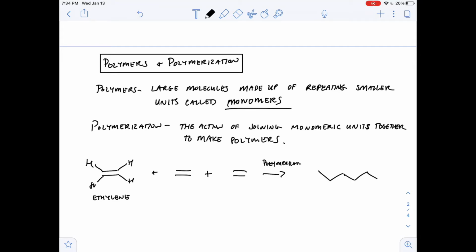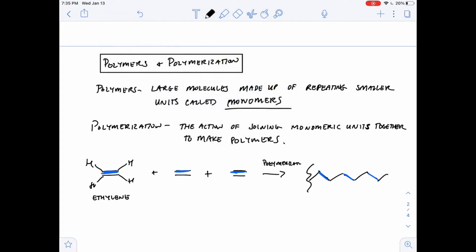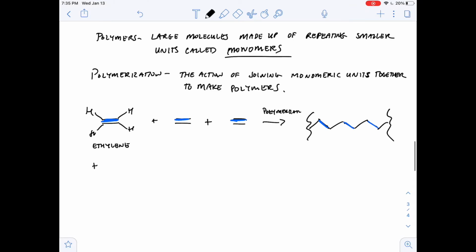We can draw a polymer, which would be basically all of those guys jammed together, and the pi bond is gone. But those electrons from that pi bond actually helped create new sigma bonds to link all of those monomeric units together. The blue I've drawn just shows you where those original bonds in ethylene were, and the black ones are the ones linking them together. So those are the new bonds.